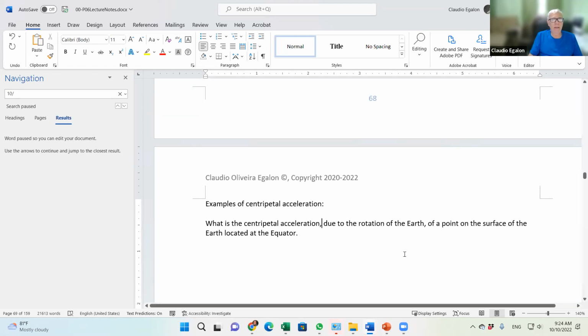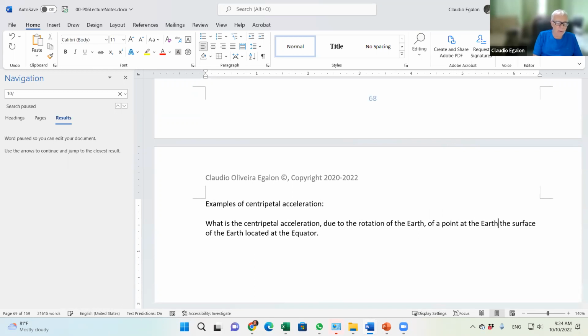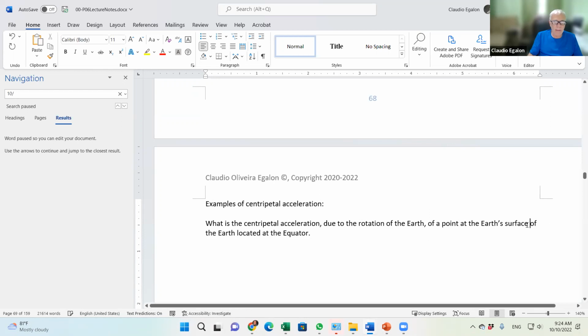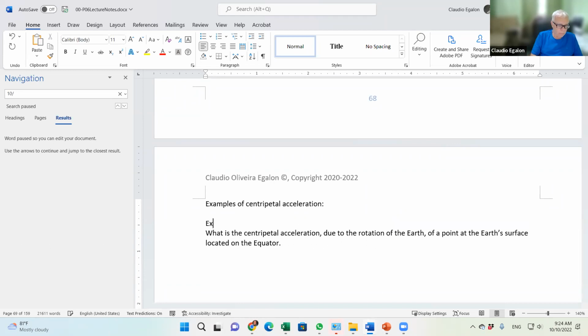Of a point at the Earth's surface, located on the equator. Example. Solution.